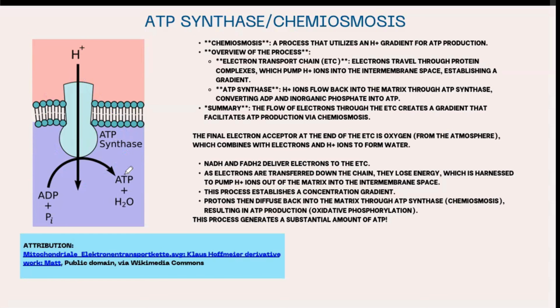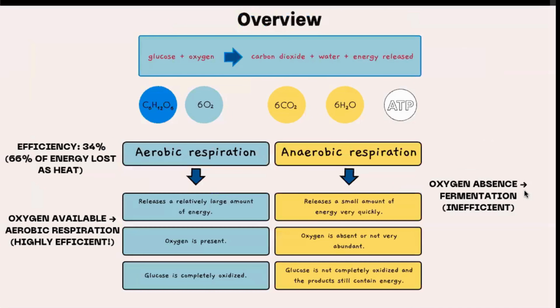So what happens is those hydrogens get pumped outside into the inner membrane space where they establish this concentration gradient. The protons will then diffuse back into the matrix in what's called the ATP synthase right here, and the production is being able to produce all this ATP. Remember, it's very efficient. We're talking about oxidative phosphorylation, and we produce a substantial amount of ATP.